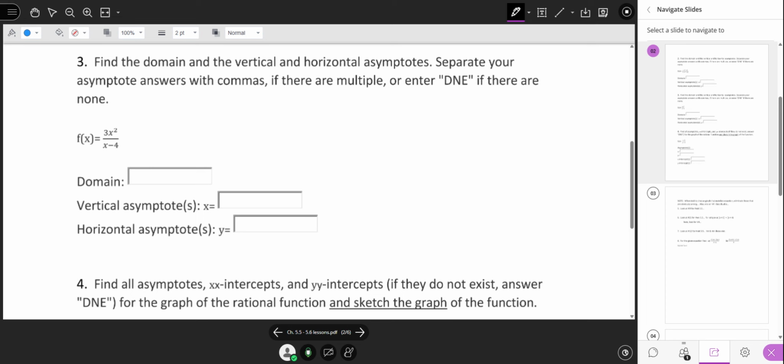Go down. X minus 4. Scroll out until you see other stuff.